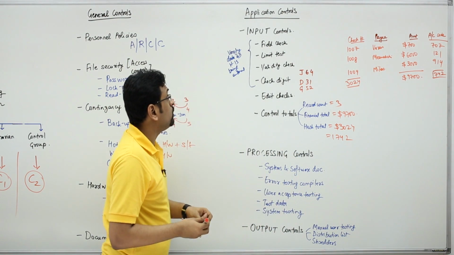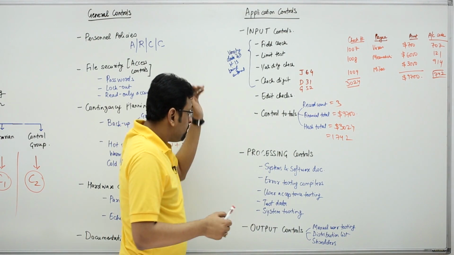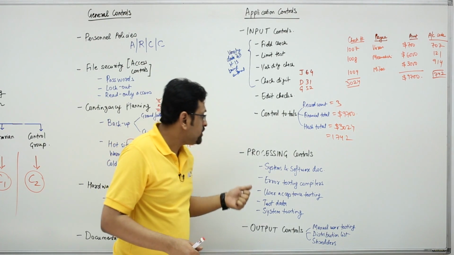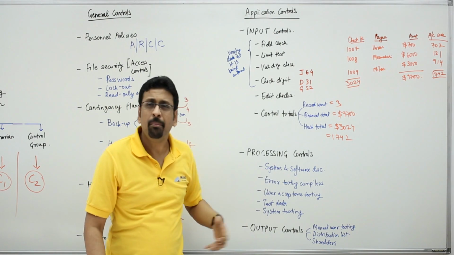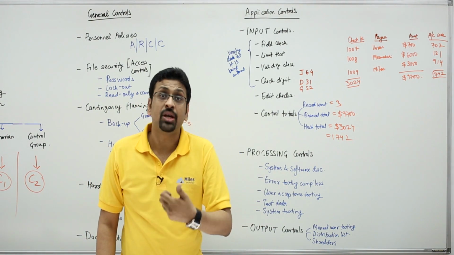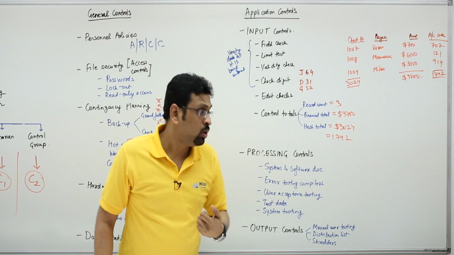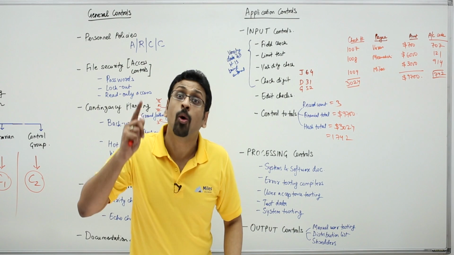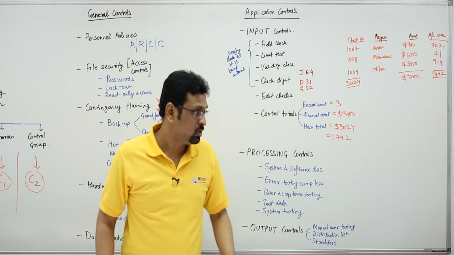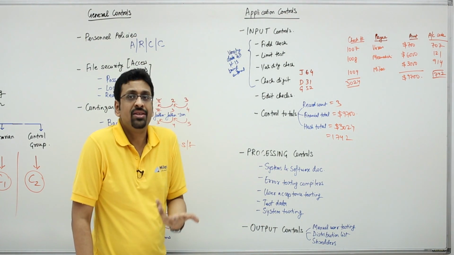Now, apart from input controls, we could also have processing controls, where we're starting with systems and software documentation, so that you can make sure that the processing programs are complete and thorough. You could have error testing compilers to make sure that there are no programming language errors. User acceptance testing.